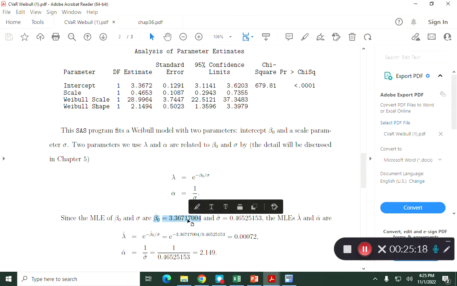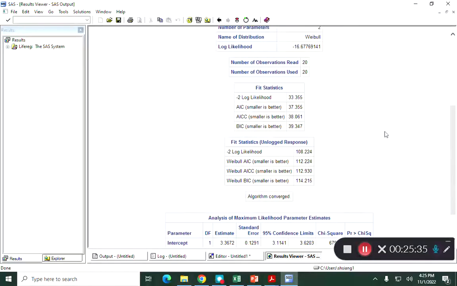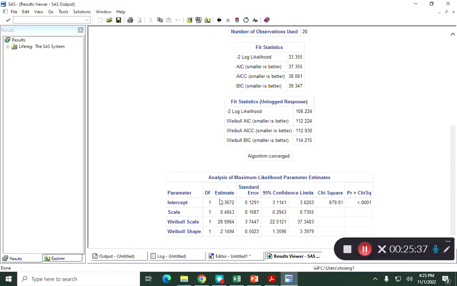And the intercept means that there's nothing to correlate with. So there's no covariate, just intercept. So beta 0 is 3.36, this value. So I have beta 0 as your intercept, agree?